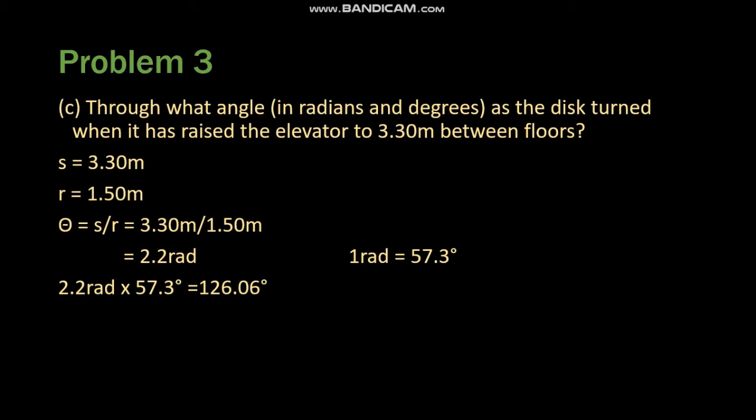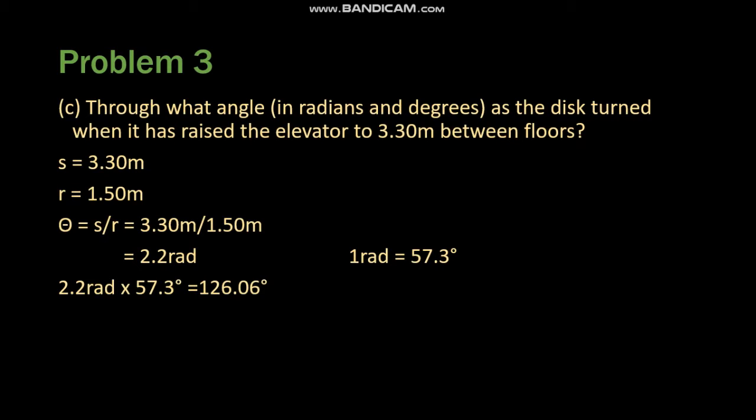So using the previous concept, we would multiply this. So 2.2 times these values. If you compute 180 divided by pi in your calculator, it would equate to 57.3 degrees. So you can use this value also to convert radians into degrees.